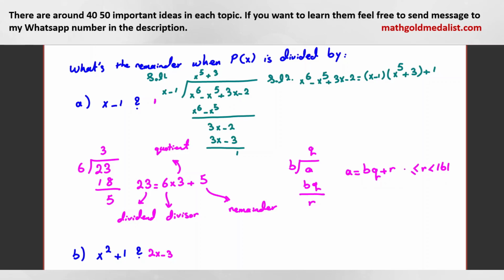Exactly. Remainder cannot be negative, okay? It's a non-negative number less than the absolute value of the divisor, okay?